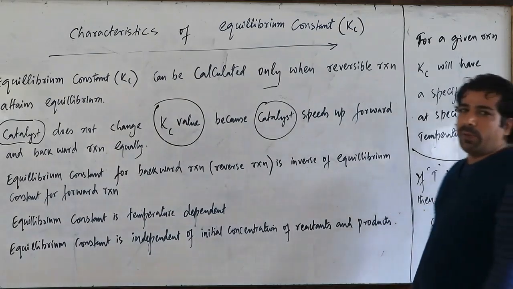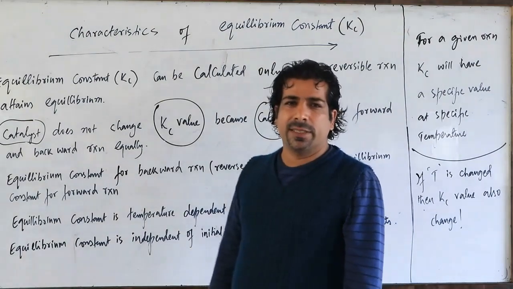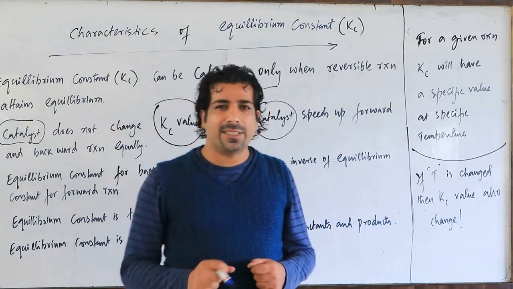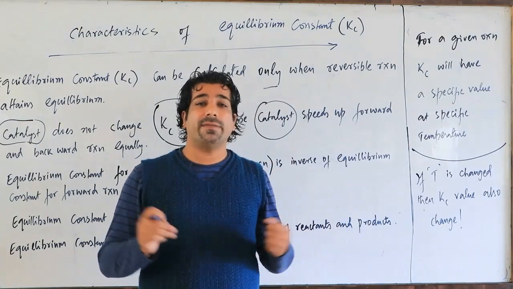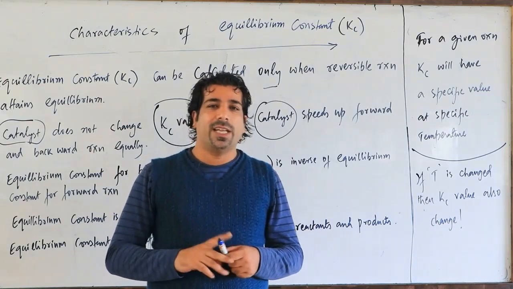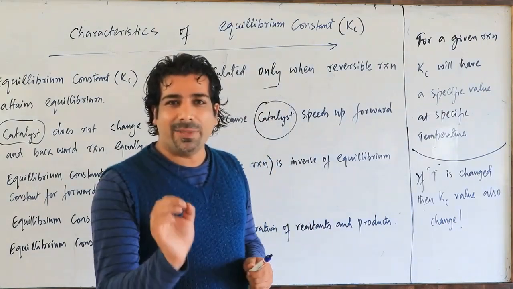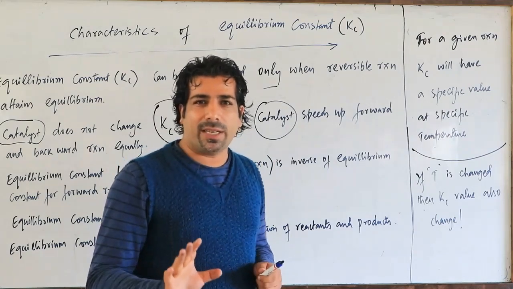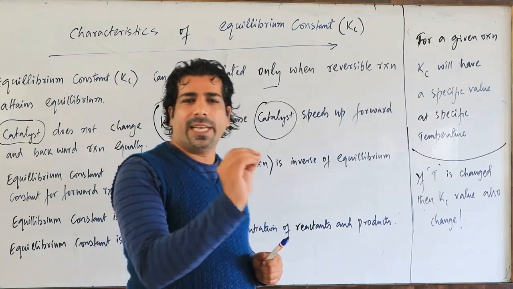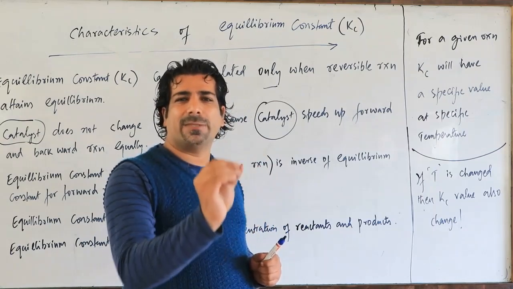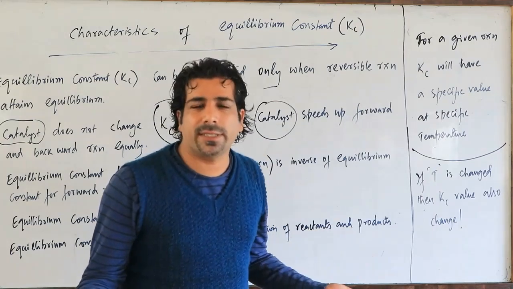Okay? And remember, you may think that Kc is a constant. Obviously it's a constant. Then somebody may ask me why the Kc value changes if it's a constant. Let me tell you, my dear friends: if you carry out any chemical reaction at temperature T, let us suppose, then the Kc value for that reaction will be, let us suppose, X, and it's constant.